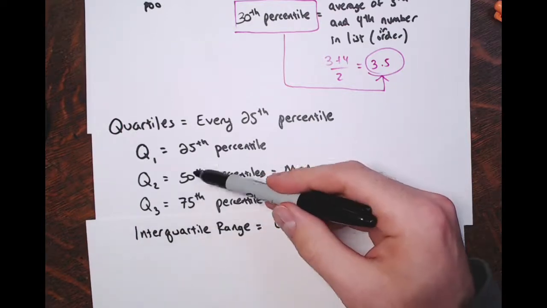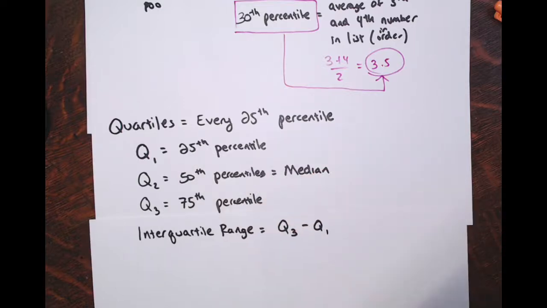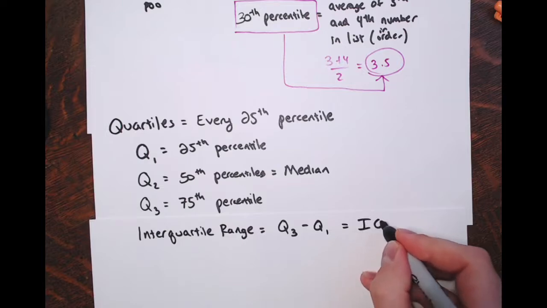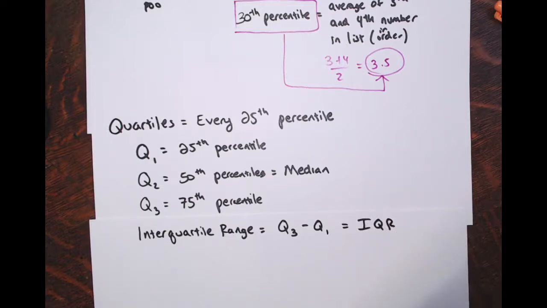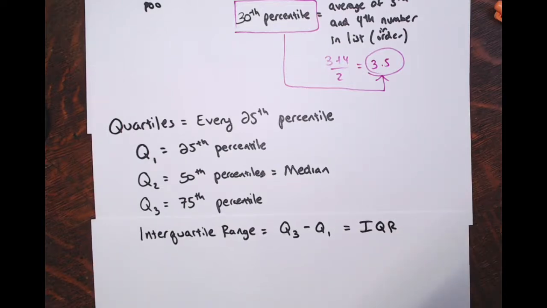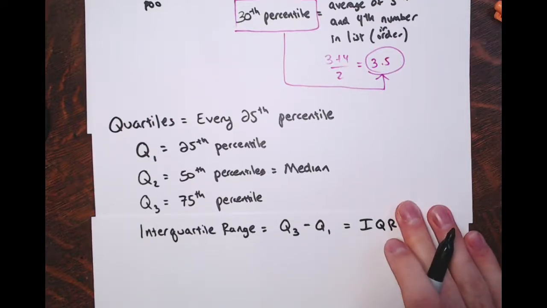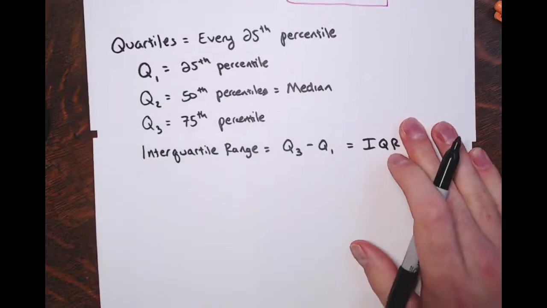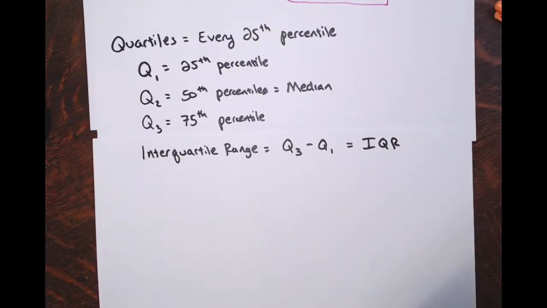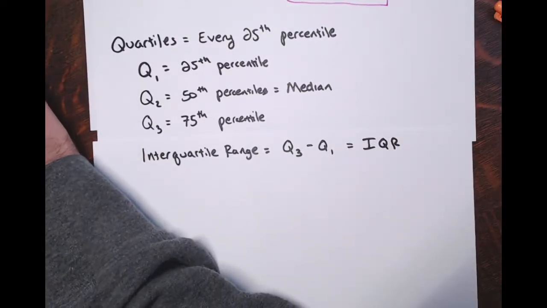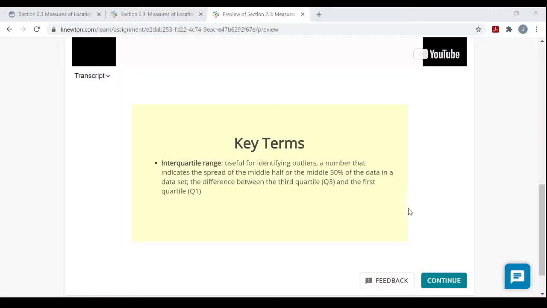The difference between the 75th and 25th percentiles. It's the middle 50% of the data. And this is referred to as IQR for interquartile range. And then one last thing about outliers. Well, I think they might mention that in later instructions.